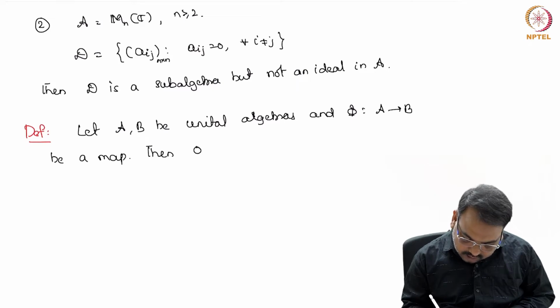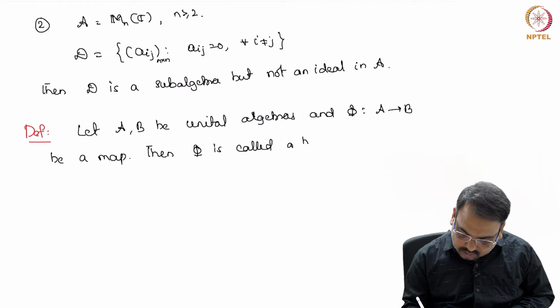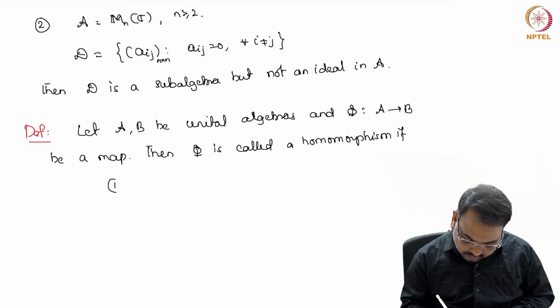Then phi is called a homomorphism if phi is linear.